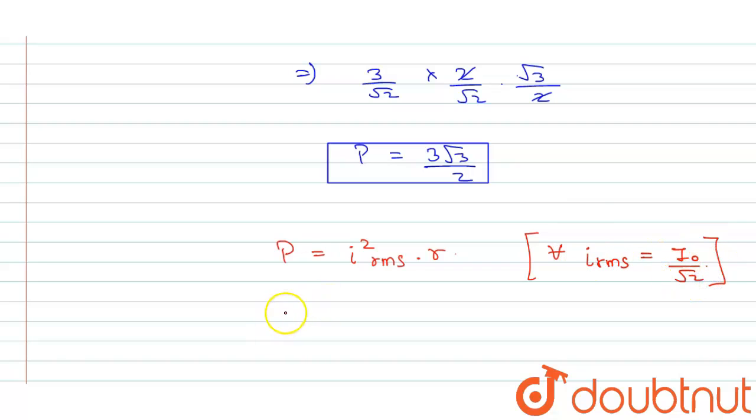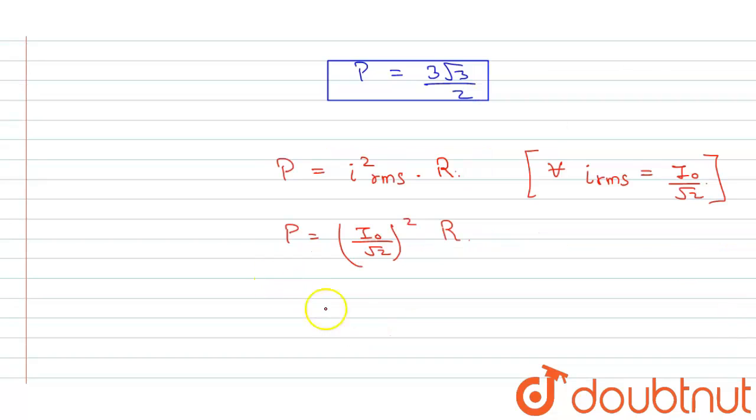So power will be equal to (I0 by root 2) whole square into R, this is capital R. We know that the value of I0 is 2 and the value of power is 3 root 3 by 2. So 3 root 3 by 2 is equal to (2 by root 2) whole square into R.